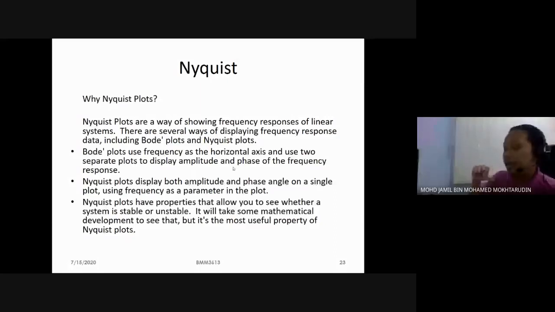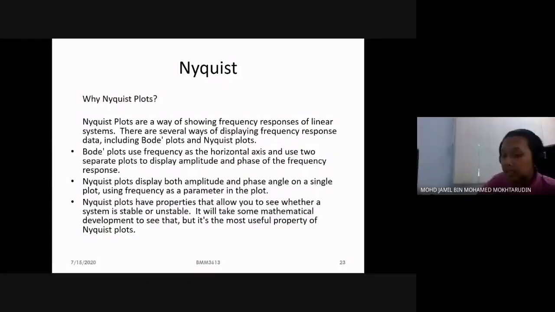But the difference in Nyquist is that you cannot represent the frequency directly, but for the Bode plot you can see the frequency changes as you change the magnitude and angle.